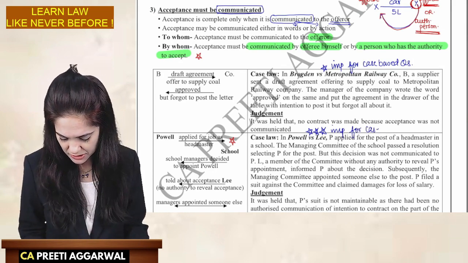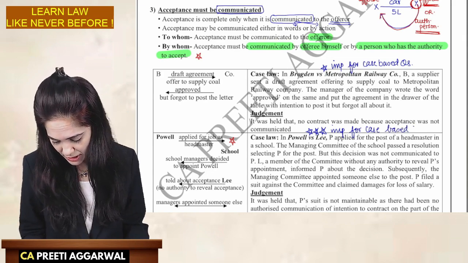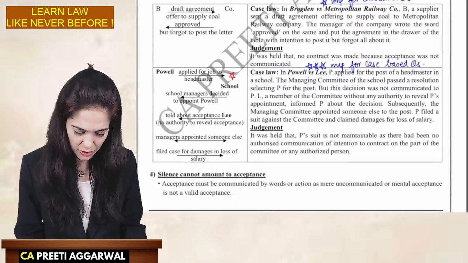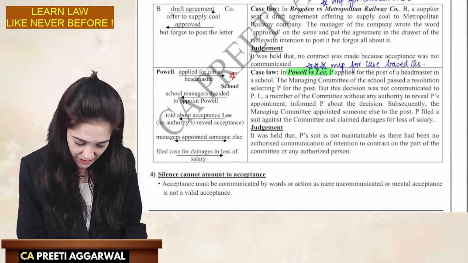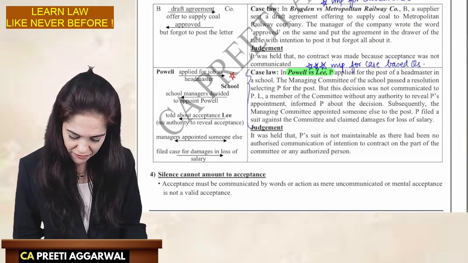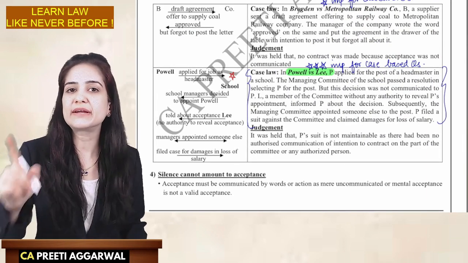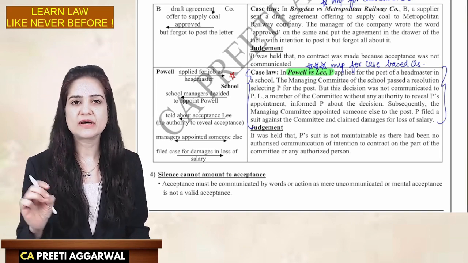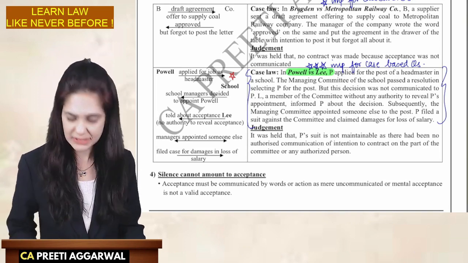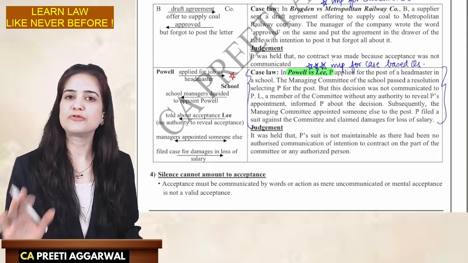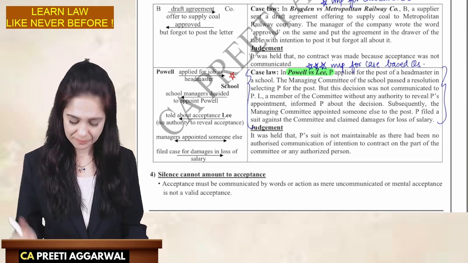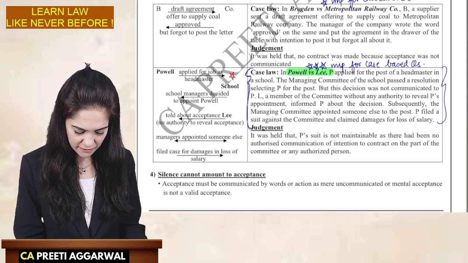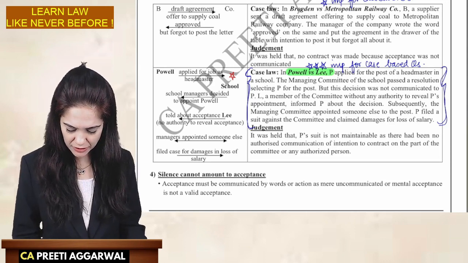This is one case law where you need to learn the name as well as the facts, so that you can write it in your own words in the exam. I'm not expecting you to write the case law word to word as it is. I'm okay if you write it in your own words, okay? But you need to know the facts properly.